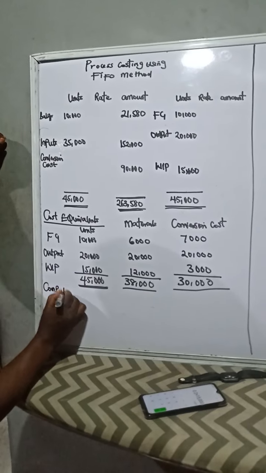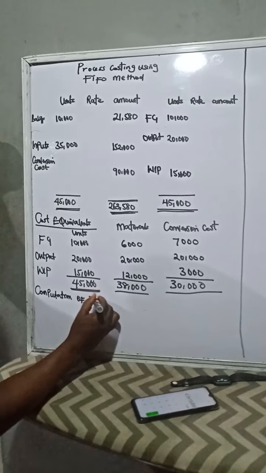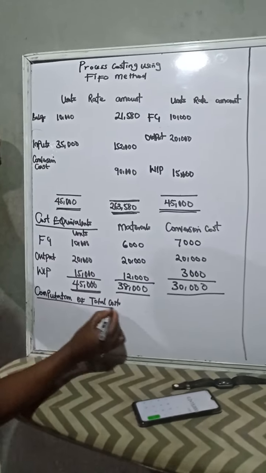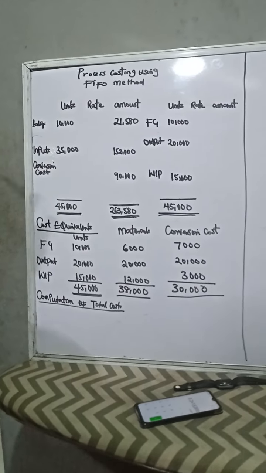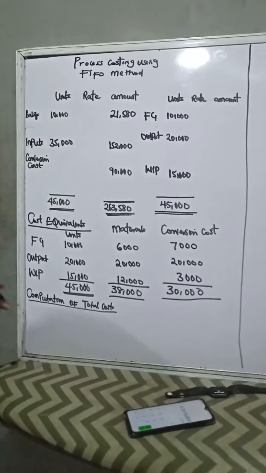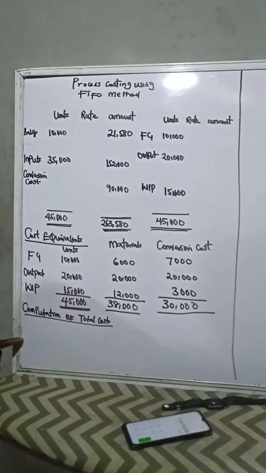Computation of total costs. Now, another change, these are not changes compared to the weighted average method. If you are doing your total cost, you are going to use the current cost under the FIFO method.